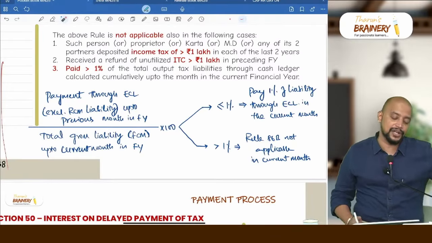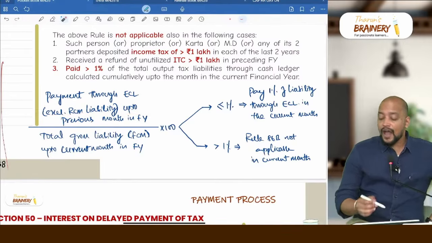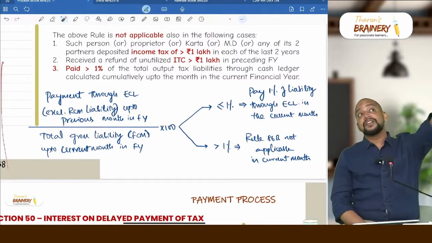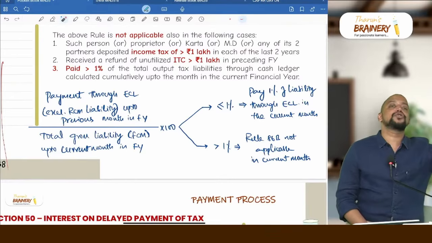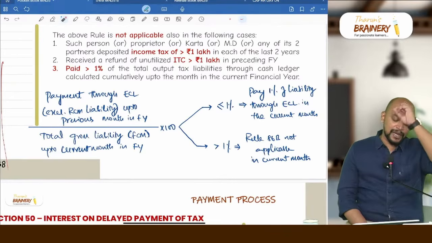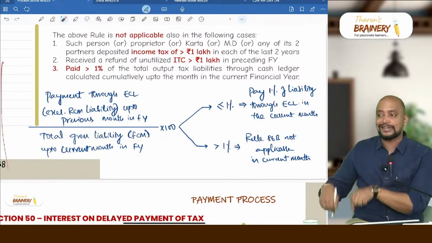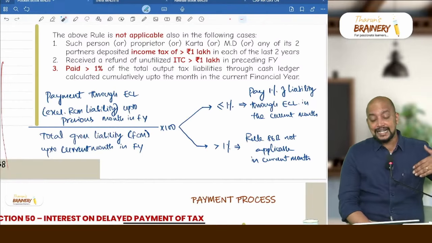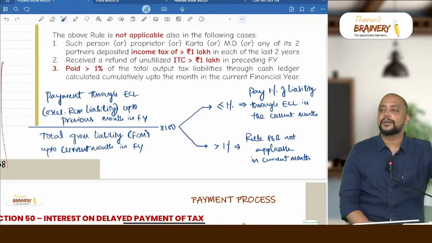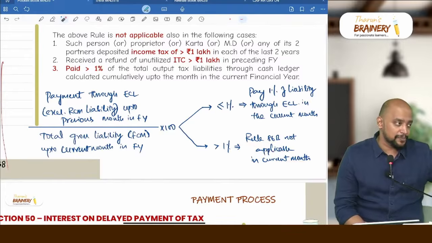Payment through the electronic cash ledger excluding RCM liability up to the previous month in the current financial year, divided by the total gross liability under FCM up to the current month in the current financial year, into 100. Suppose it is greater than 1%, which means already you have paid more than 1%. So is rule 86B applicable or not in the month? Not applicable in the month.